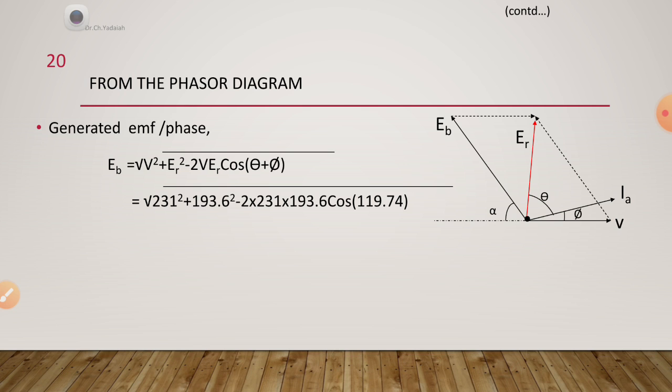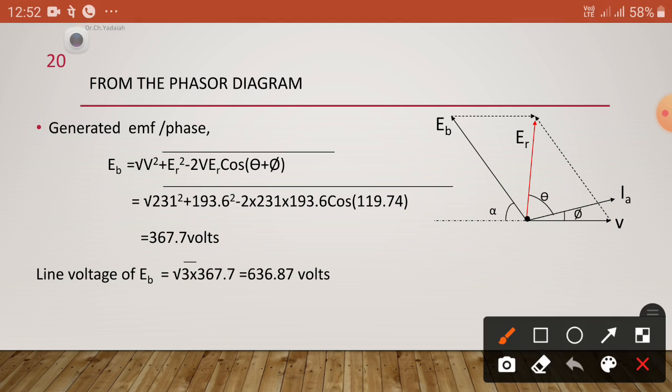Angle, we have theta plus phi is equal to 119.72. Simple substitution, so we are going to get 367.7 volts EB generated per phase. Now line voltage EB is equal to root 3 times of this, then 637.87. Just you remember that.